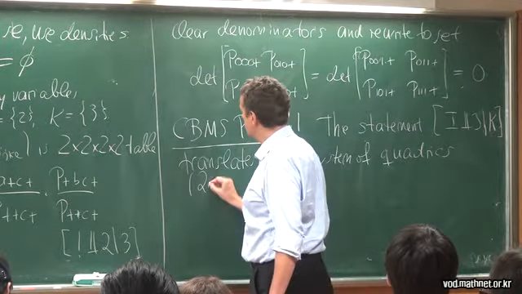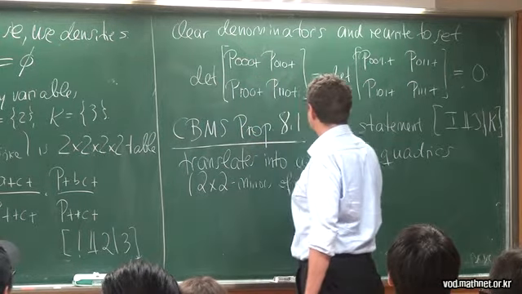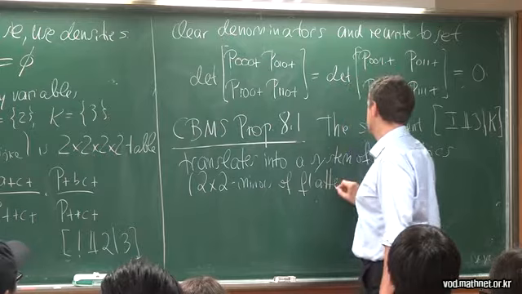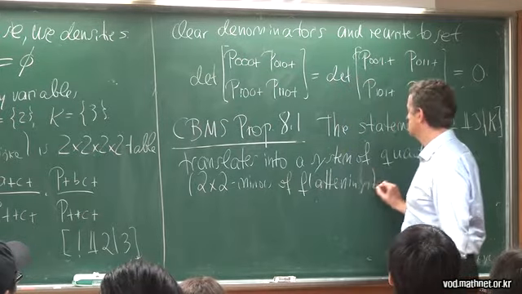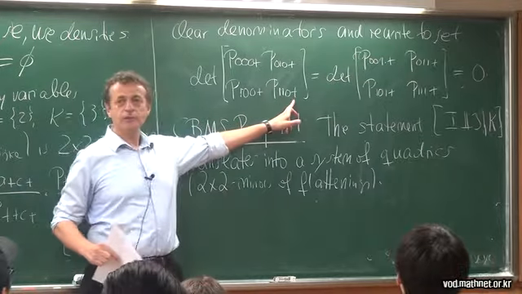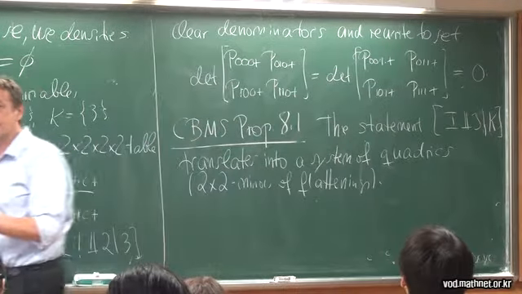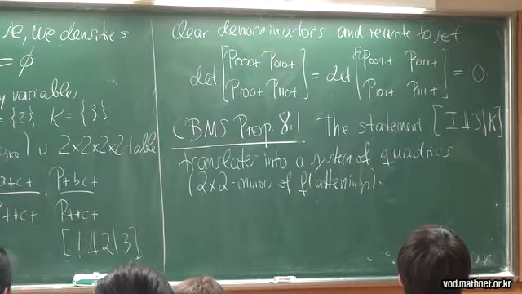These are 2 by 2 minors of certain flattenings. Okay, so we have this 4-dimensional tensor. We're summing out the last state. We are taking a slice in the third state, and then we're taking a 2 by 2 minor.